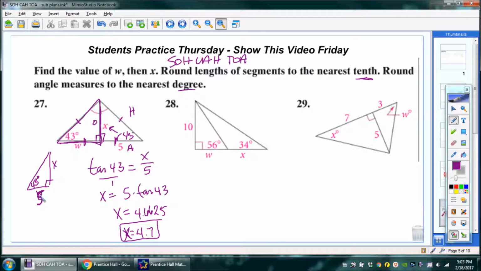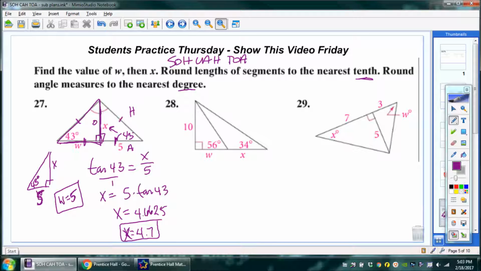So w should be 5. The book asks you to solve for w first, just to see if you're able to get that value. You could do x first and then work backwards, put your 4.7 here, and then use tan of 43, but w should be 5 for that one.